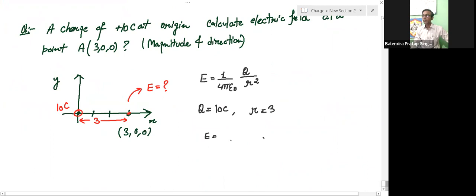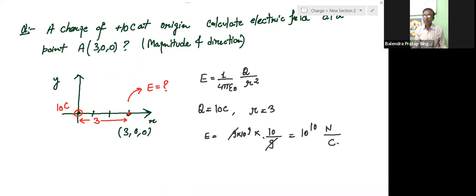We know the value of 1 over 4 pi epsilon naught is 9 into 10 raised to the power 9. And the value of Q is 10 divided by 9. So you can cancel this 9 with this 9, and we get 10 raised to the power 10, and Newton per Coulomb is our unit. So this is our electric field.